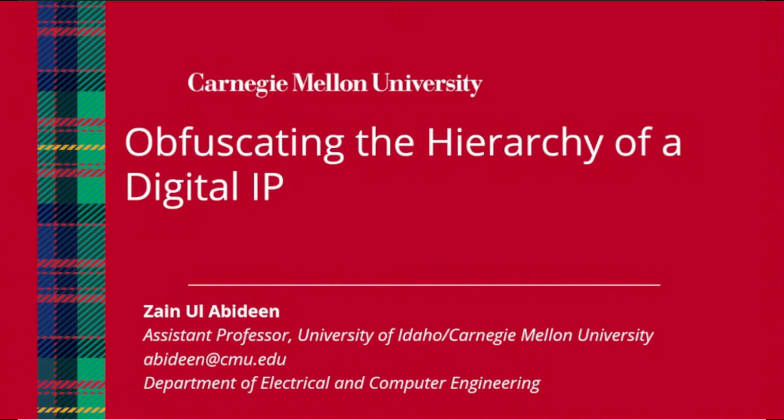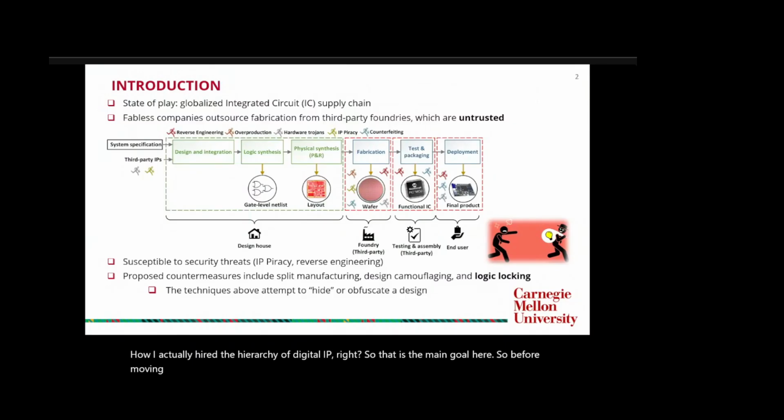So before moving further, this picture reminds you a lot because I have been displaying this one in the last two lectures. So the goal is, I will recap a little bit, since some new students are here. We have many stages in the globalized IC supply chain and the design flow, right?